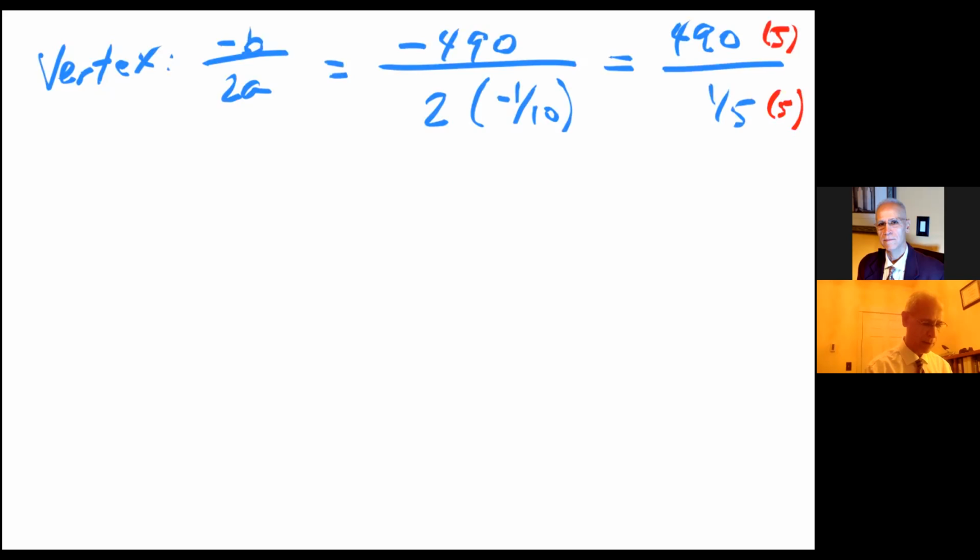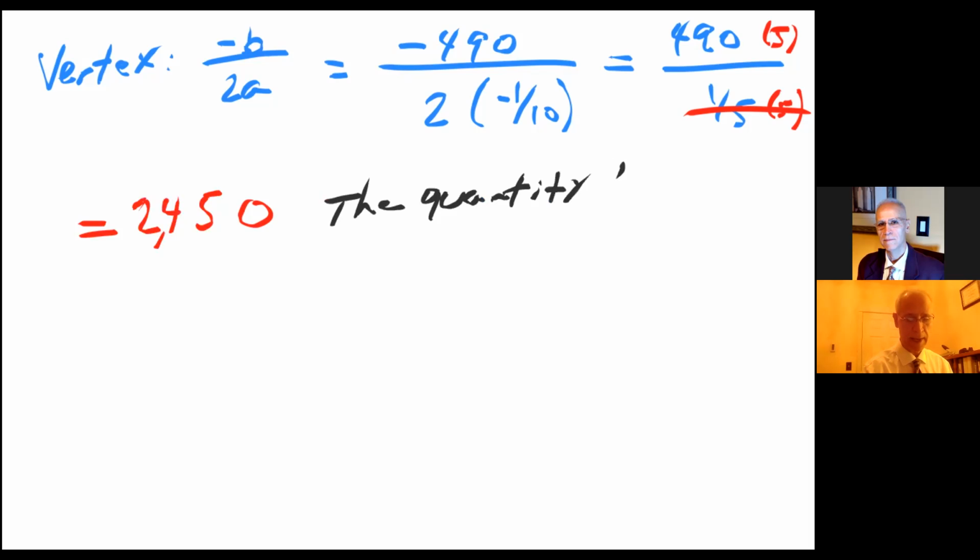So this cancels, 490 times 5 gives me 2,450. So what is this? This 2,450 is the quantity that brings the maximum profit, the quantity that results in maximum profit.